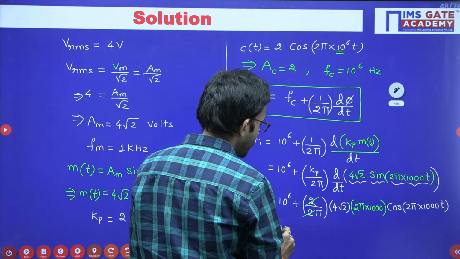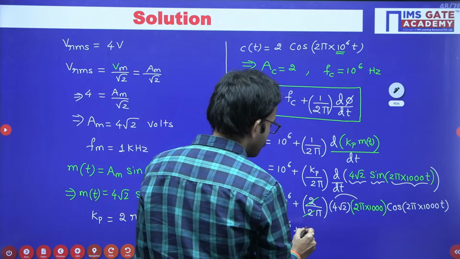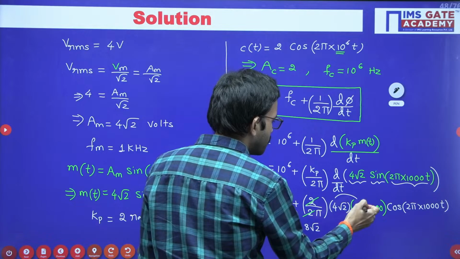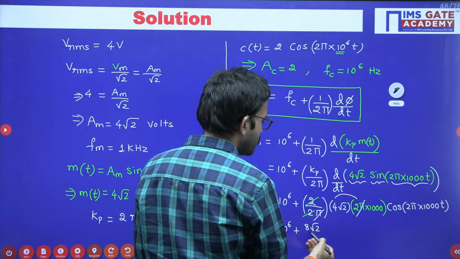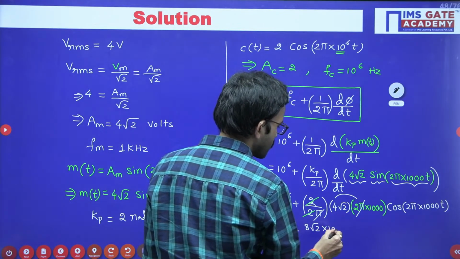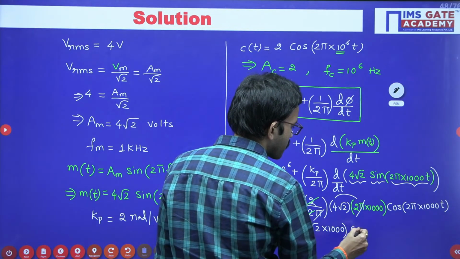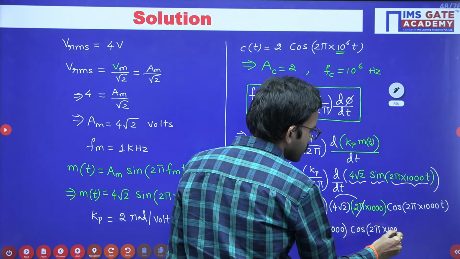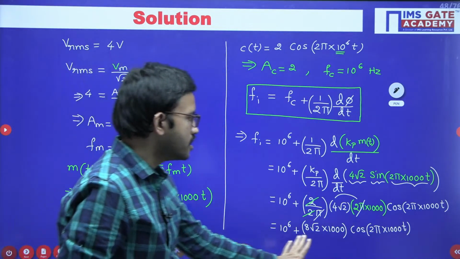So you are going to get 10 power 6 plus 4 2s are 8 root 2. Then pi will get cancelled. 4 into 2 is 8, so 8 root 2 into 1000 cos 2 pi into 1000 t. Now you got the instantaneous frequency.